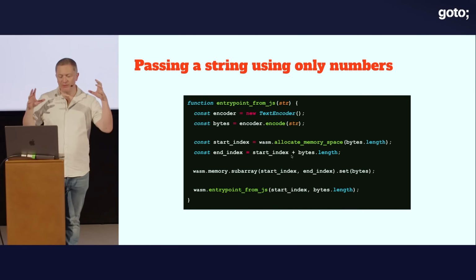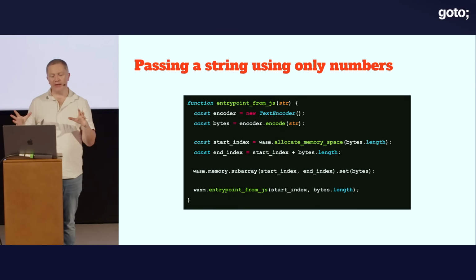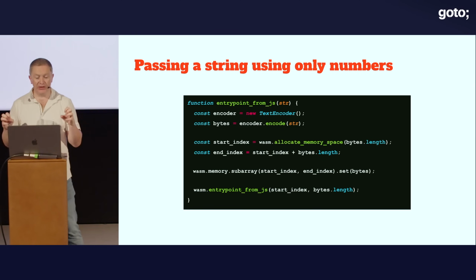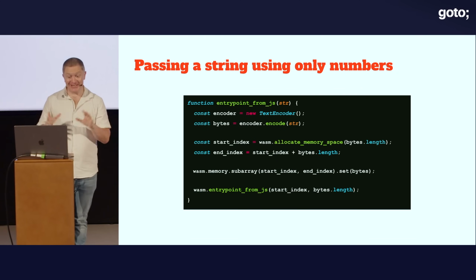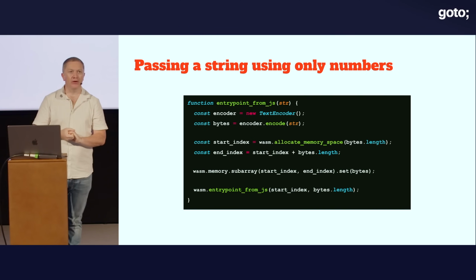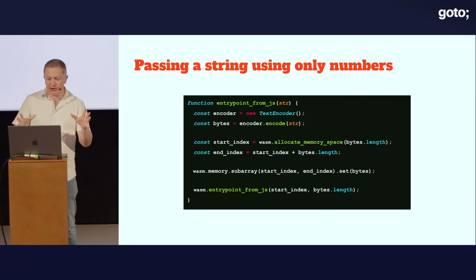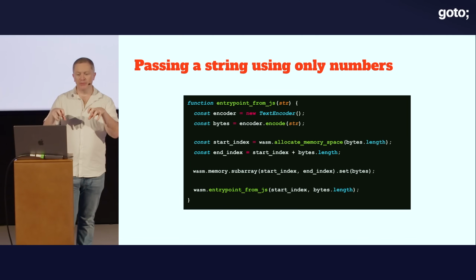So we're receiving a JavaScript string, and we need to encode that into something that WebAssembly can understand. So JavaScript has, one of the many web APIs is text encoder. You can grab a text encoder and pass a string into it, and it'll give you back the bytes that it encodes into in UTF-8.